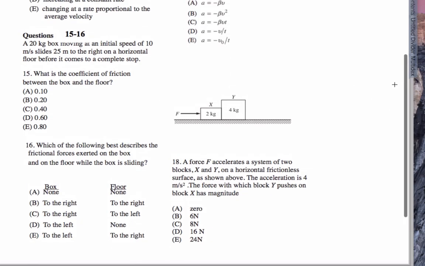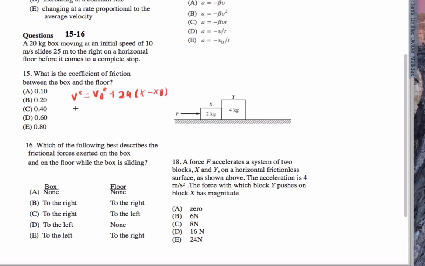So we have a 20 kilogram block moving at an initial speed of 10 meters per second, and it comes to a stop. Let's just get the acceleration of the block. So here we go. We have v squared equals v naught squared plus 2a times (x minus x naught).